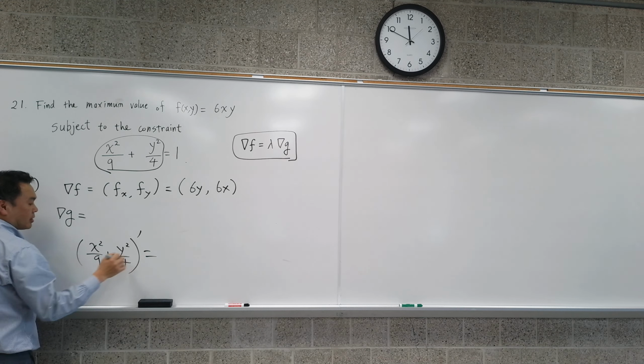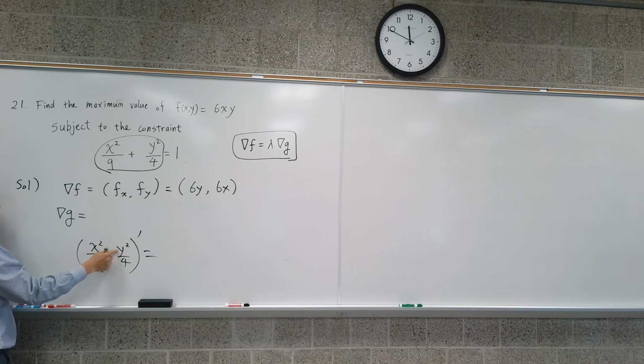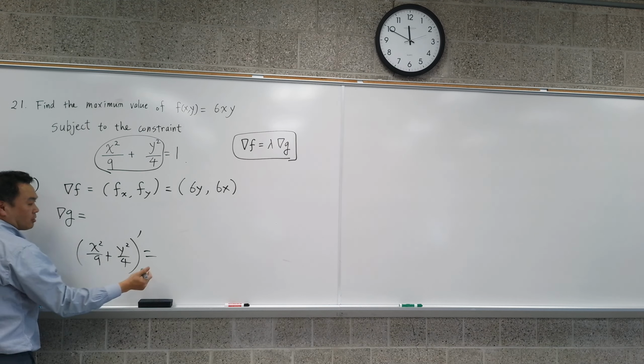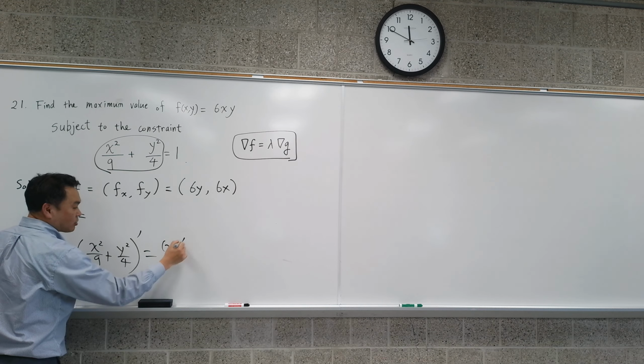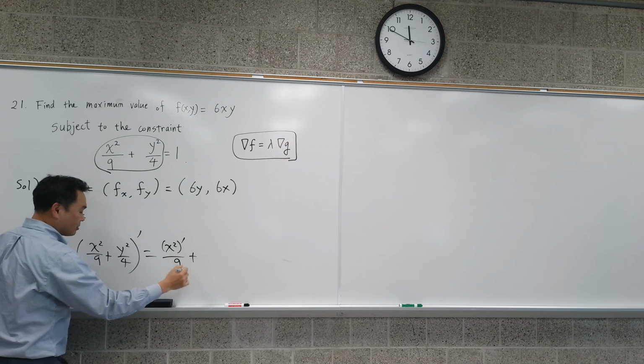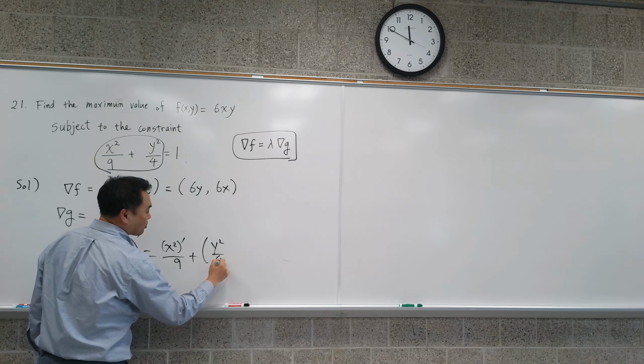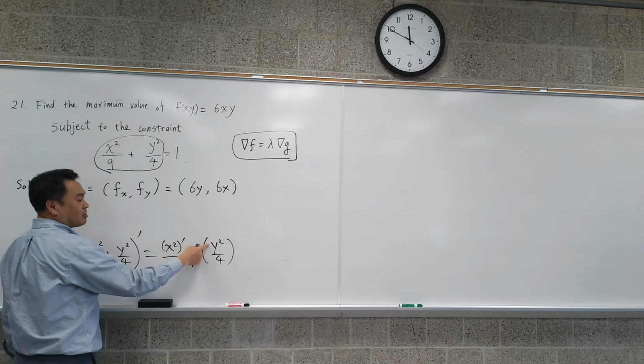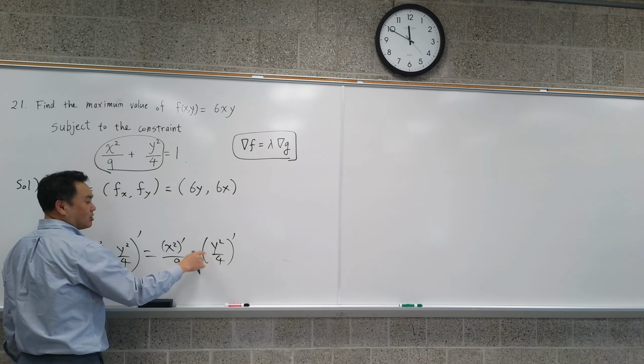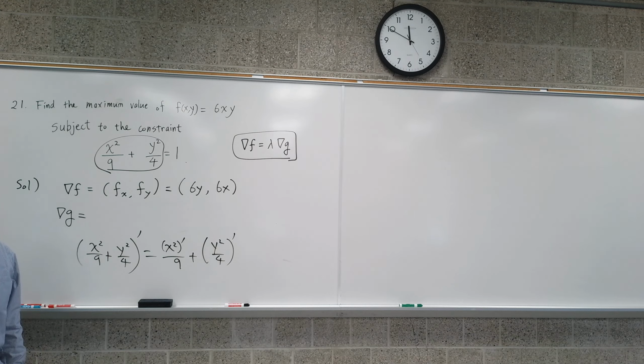When you differentiate this by x, that means you're treating y as a constant. So we're differentiating x squared over 9 plus y squared over 4. But because this is a constant, constant over constant is a constant. So when you differentiate a constant, it gives you 0.